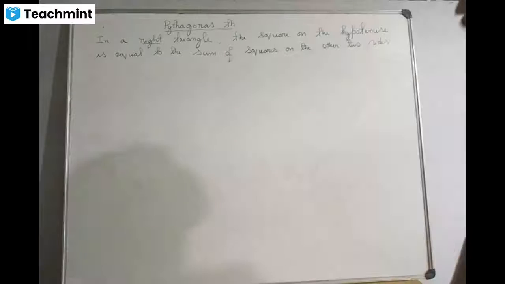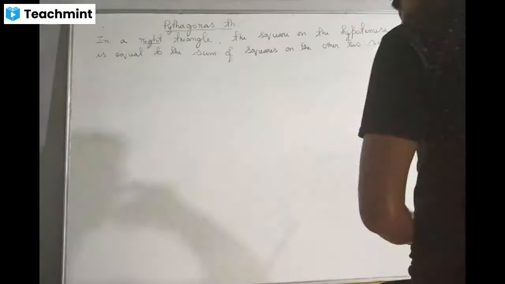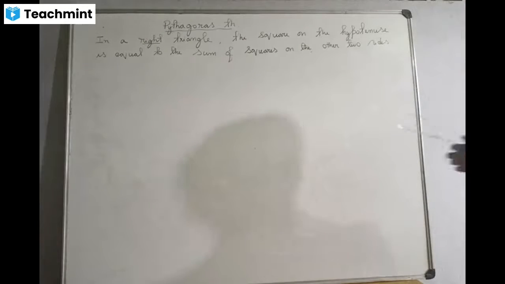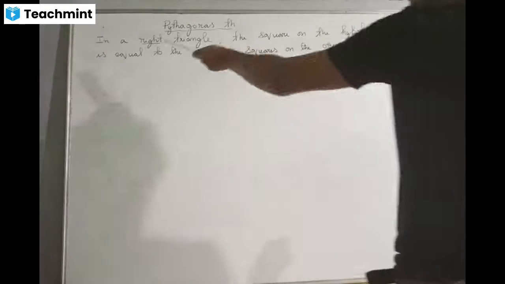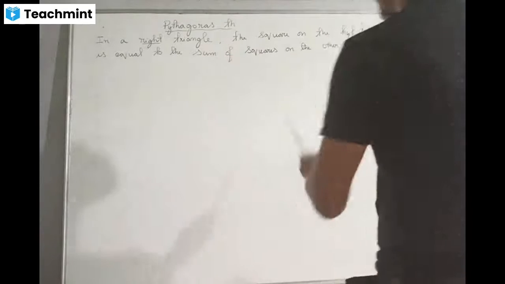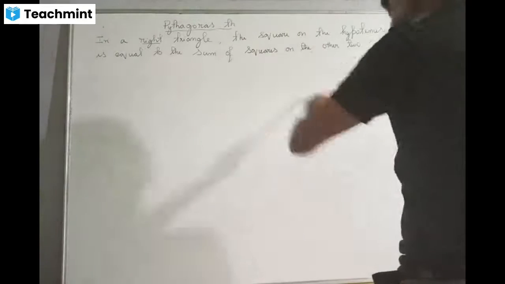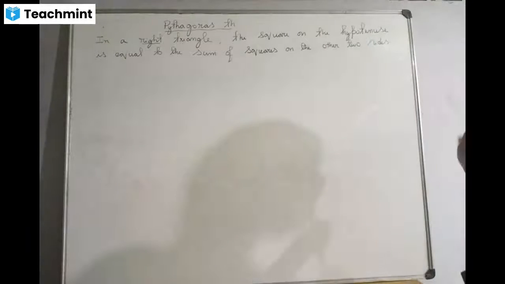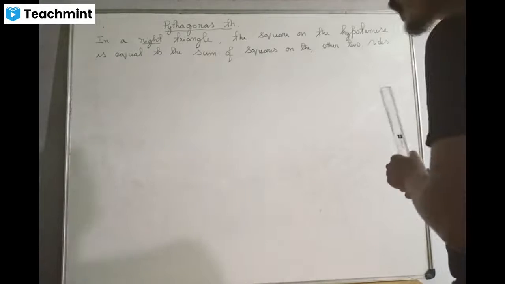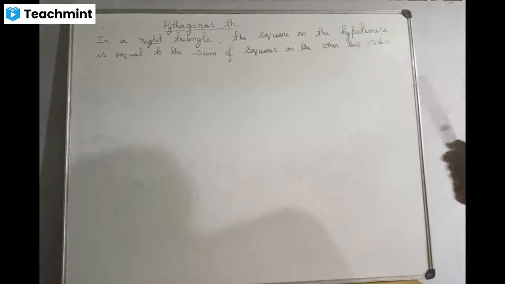And so we are going to prove this Pythagoras theorem. For that, I'm going to draw a right triangle. All that is given is your right triangle, and using that right triangle, you must prove the following condition, that the square on the longest side is equal to the sum of squares on the other two sides.